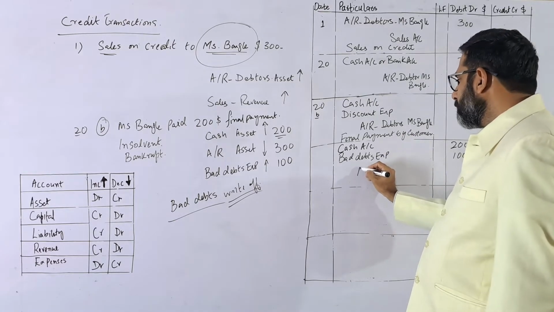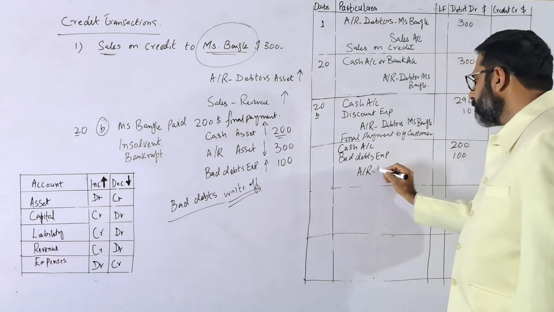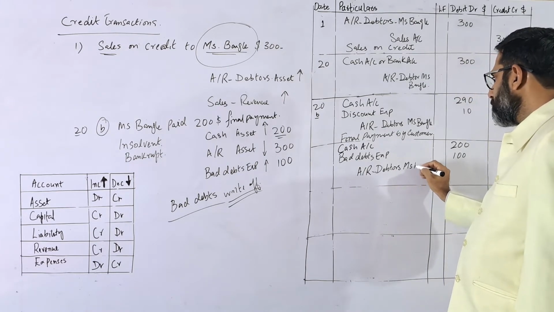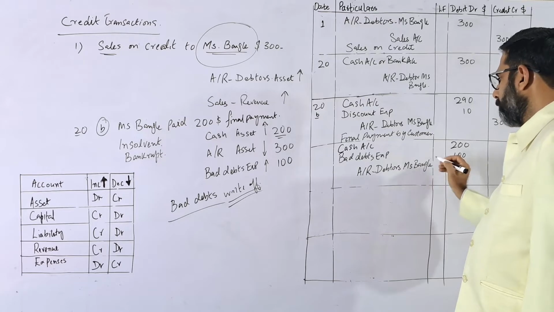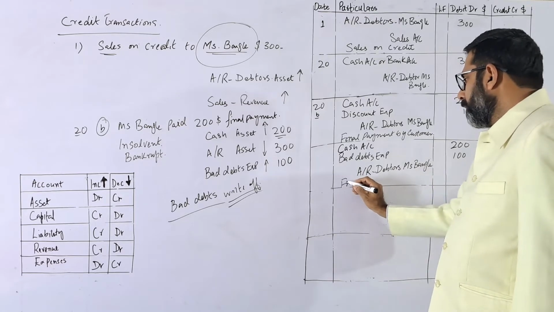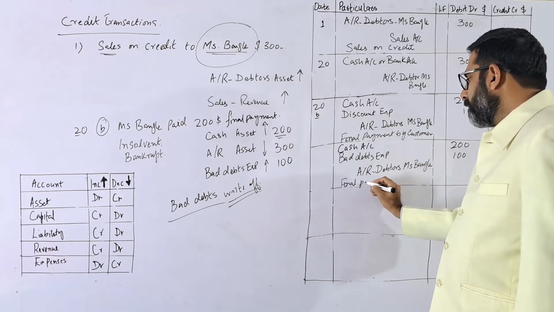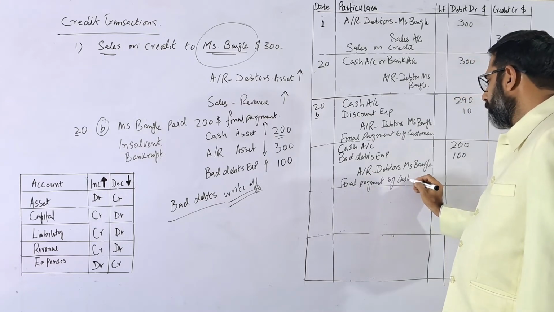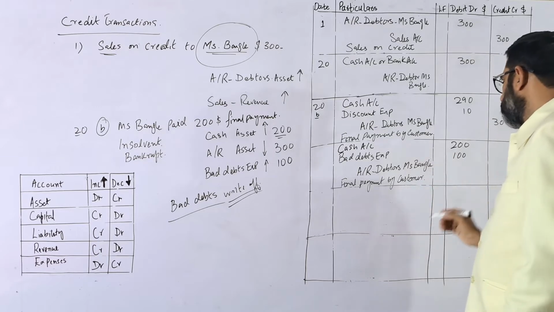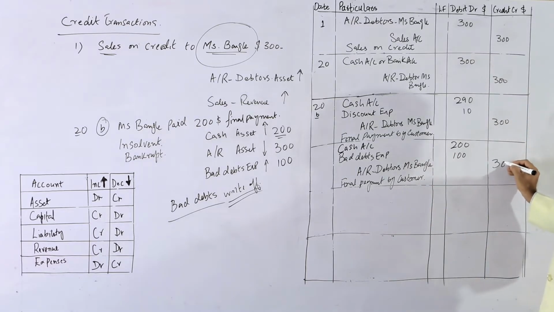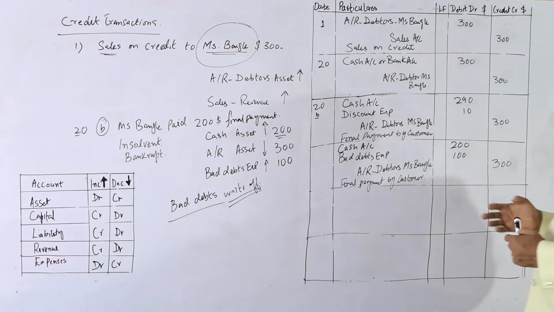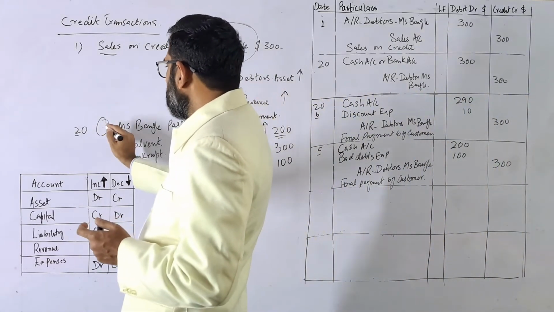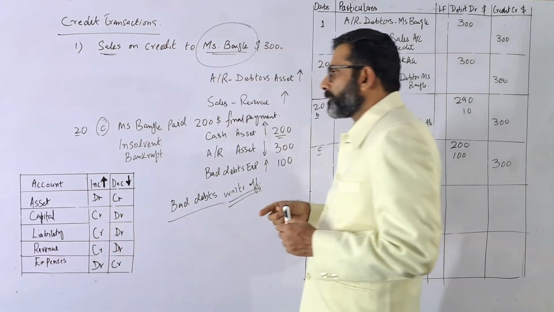And then in the same way, the receivables, the debtors, will be credited by the final payment by the customer, that is $300. So this is the C option, the third option.